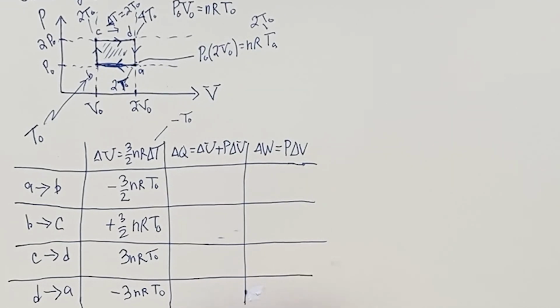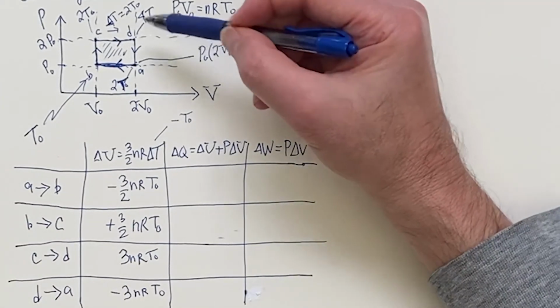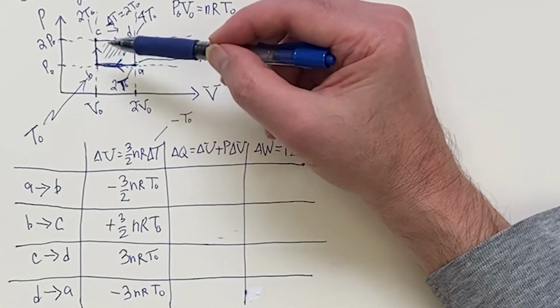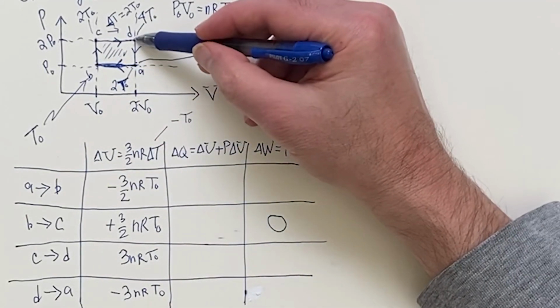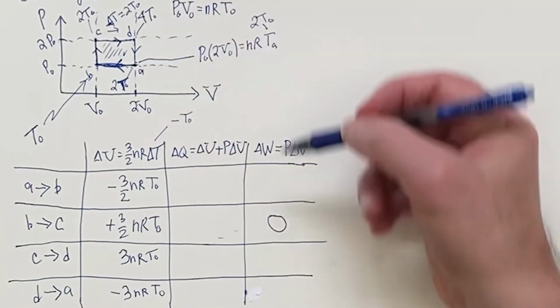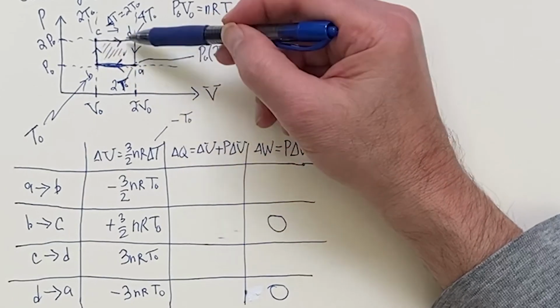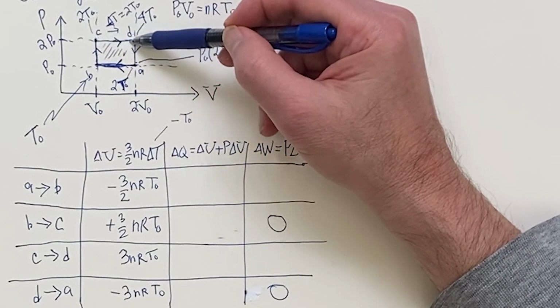Okay, now we look at what else we can do. Probably the work's the easy one here. When you go from B to C, you don't change the volume, so from B to C has to be 0 work. And if you go from D to A, you don't change the volume. It has to be 0. Now, when you go from C to D, you're doing your work. But what's the pressure? It's 2 P naught.